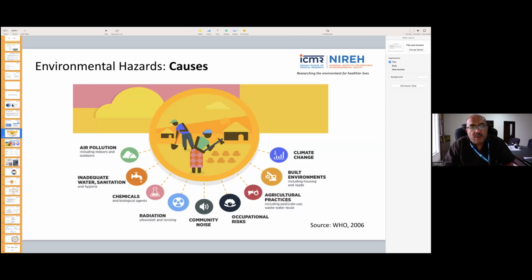Broadly, if we want to see the principal causes of environmental hazards with which the entire globe is struggling, WHO has identified these hazards which are of prime importance with respect to environmental health. Air pollution, we all know every year we see the problem in the winter season. Many of our metros struggle with air pollution, the smog and other things.